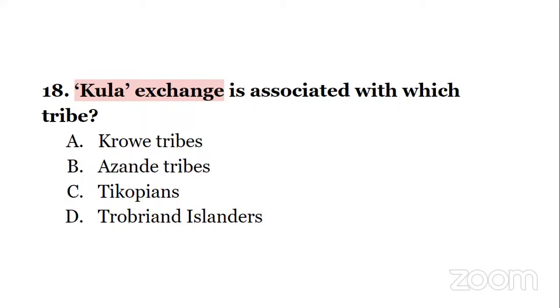Next question. Kula exchange is associated with which tribe? We have studied Kula exchange in several classes. It is a very famous topic in sociology. The options are Crow tribes, Azande tribes, Tikopians, and Trobriand Islanders.